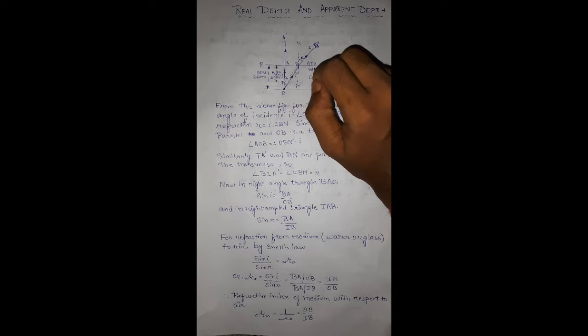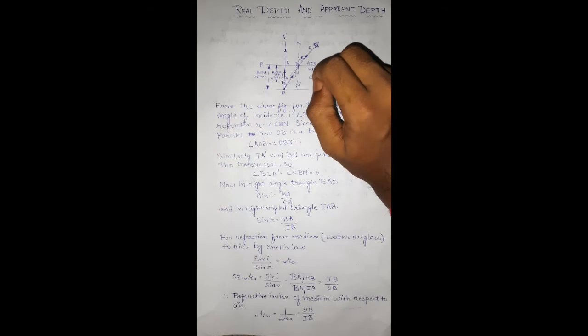So it is bending away from the normal, but when this person is viewing, light travels in a straight line, and we will feel that light is coming from this point I. So this difference occurs, and the apparent depth also occurs. Clear?